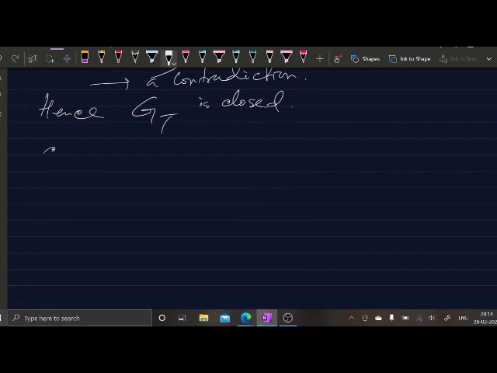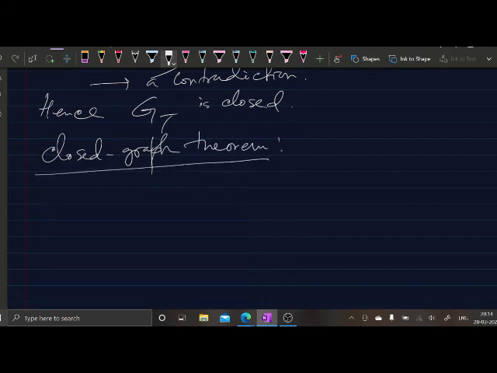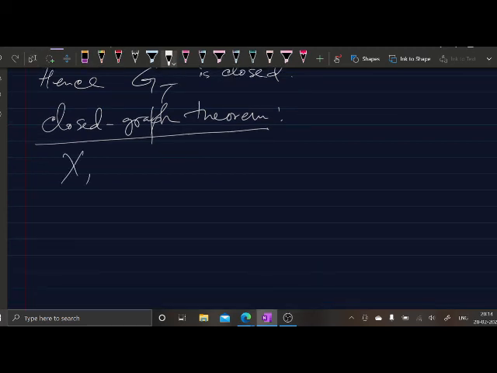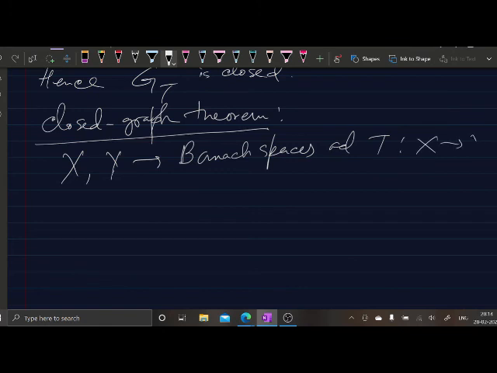Now we are going to look at our most coveted theorem, which is known as the closed graph theorem, and which says that suppose you take two Banach spaces, X and Y, and suppose T from X to Y is linear, such that its graph is closed, right?